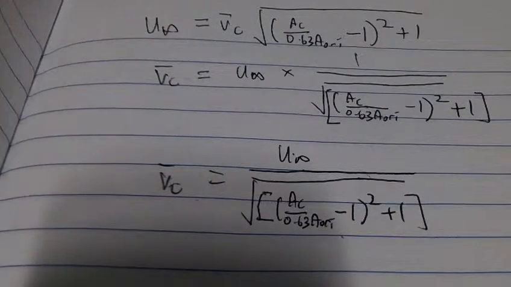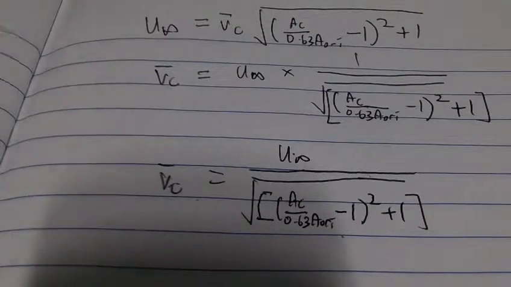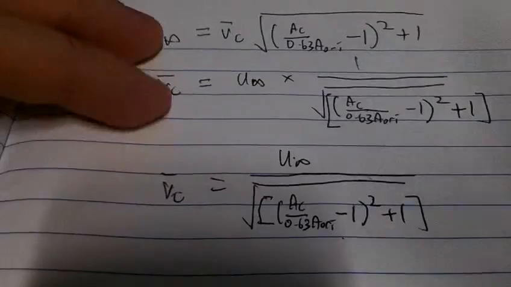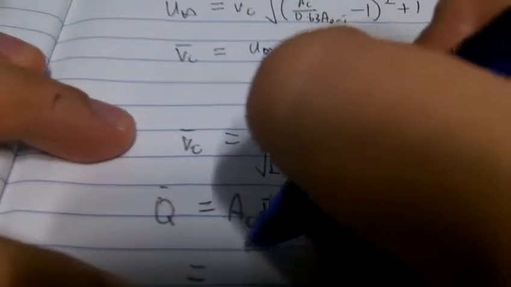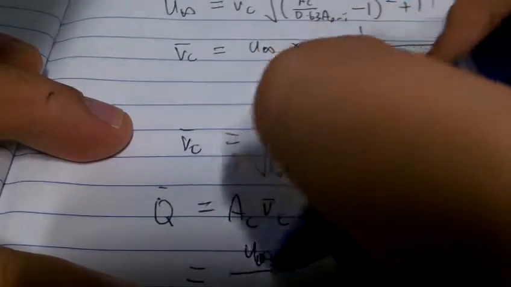So now this is known because we know everything on the right hand side. So coming back to our question, we wanted to find the volumetric flow rate in there, Q. So that is just AC times Vc. So that is just U, the free stream velocity, times AC over whatever this mess is in here.